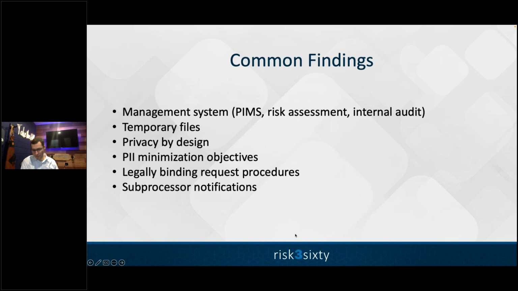So now I'll talk a little bit about what we see when we actually step in with companies getting ready for their certifications, and we do readiness or gap assessment, internal audit ahead of that certification. So all the time we see findings around the management system. Like I mentioned, we deal with a lot of companies who are already ISO 27001 compliant.